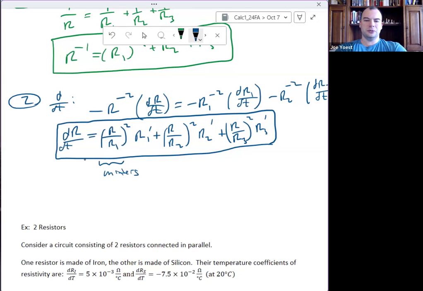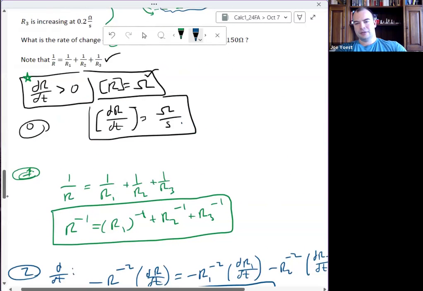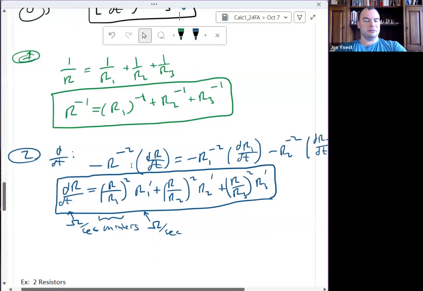So R over R1 all squared is unitless: ohms over ohms divides out, and I square a unitless quantity. R1 prime is ohms per second. All of my terms on the right have ohms per second. On the left, I would expect ohms per second for dR/dt. That was exactly what I was looking for. So my units come out right, even after taking the derivative and doing all of this algebra, and I feel fairly confident that I did things correctly here.